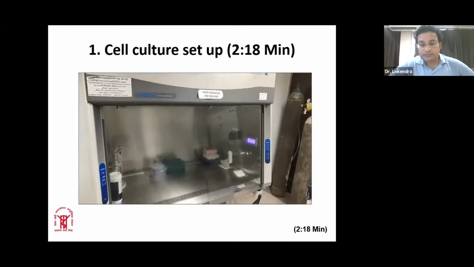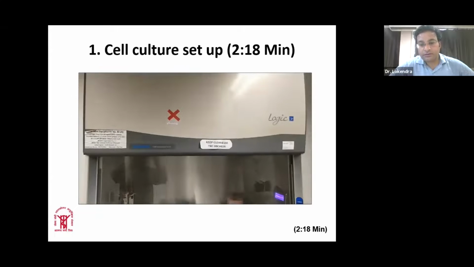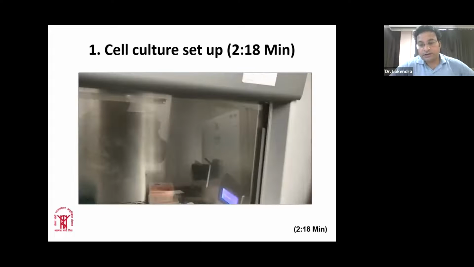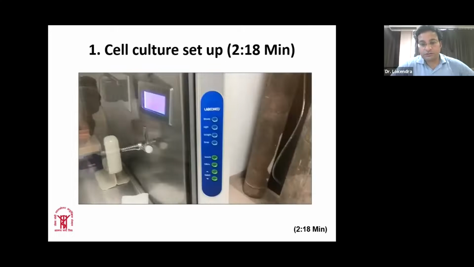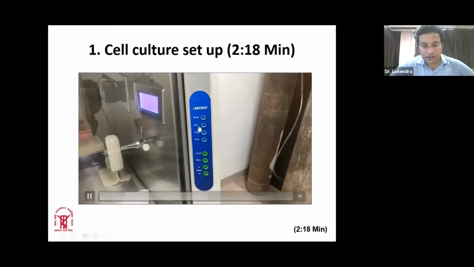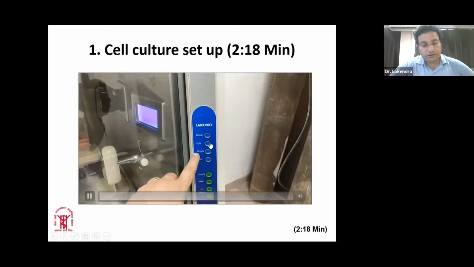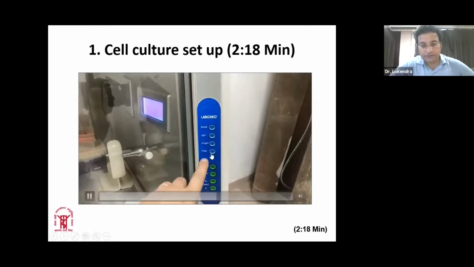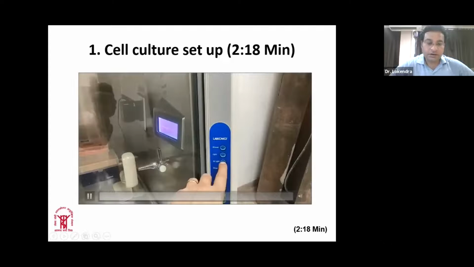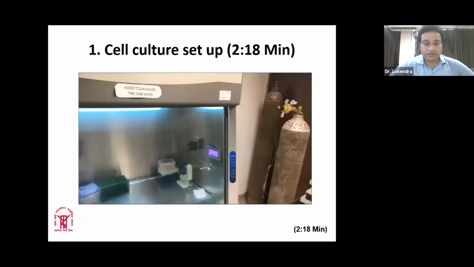Primarily, like I told you before, it contains laminar airflow, where air flows from top to bottom, and it filters out most of the impurities or small particles greater than 0.2 to 0.3 micron. It has a blower, a normal fluorescent light, and a UV light. Before starting any work, we keep everything inside the hood and then put the UV light on. That sterilizes the overall area in 20 to 30 minutes.